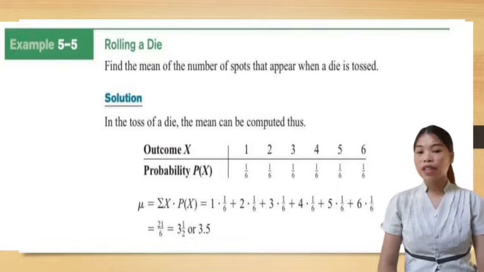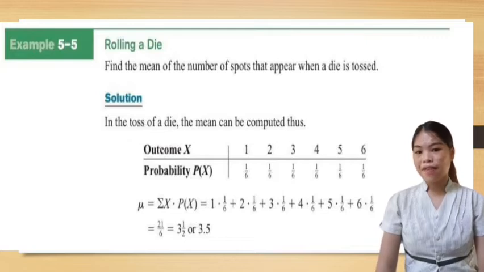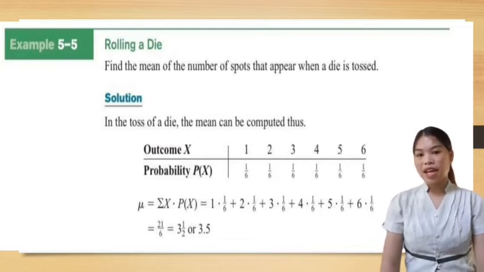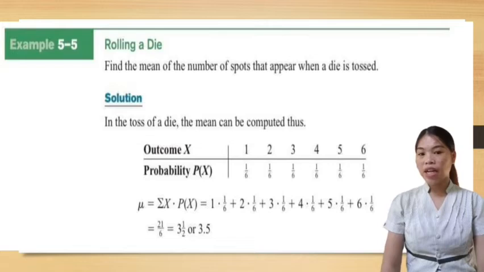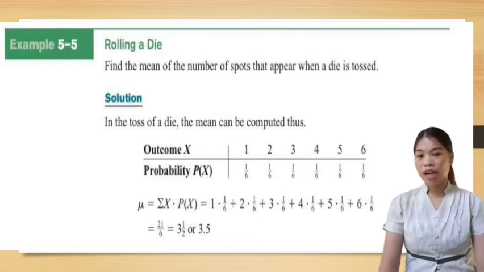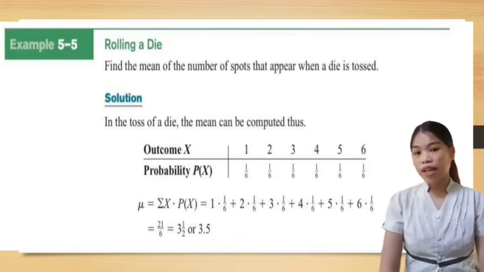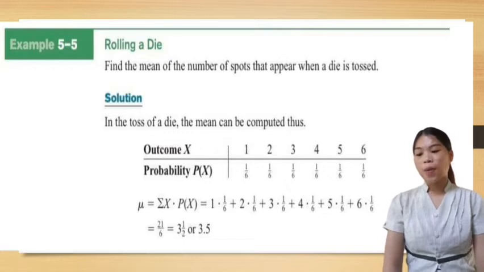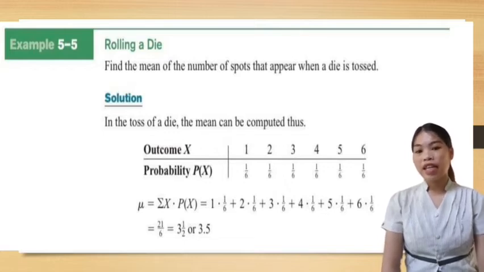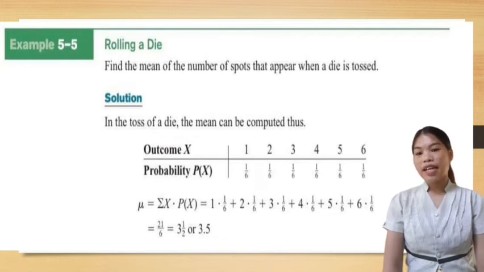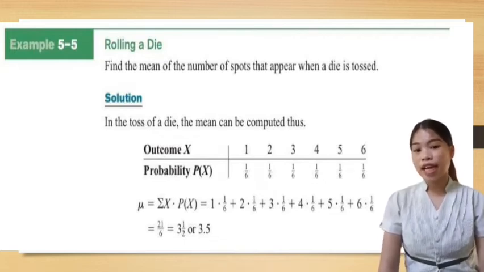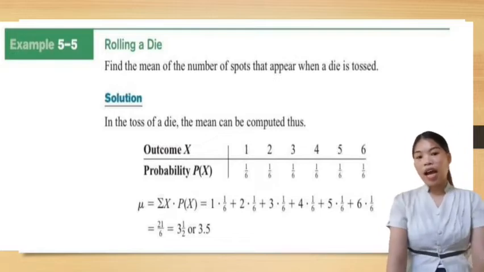Thus, the outcome x will be 1, 2, 3, 4, 5, 6, since that is the number of spots that can appear on the die. And the probability of getting one spot is 1 over 6. They all have the same probability of 1 over 6, since each roll of the die shows only one number of spots.